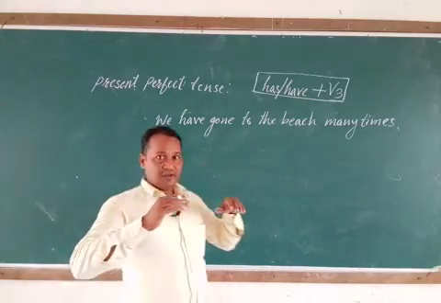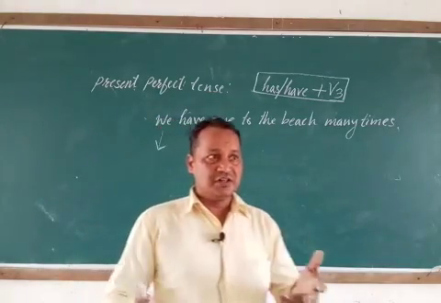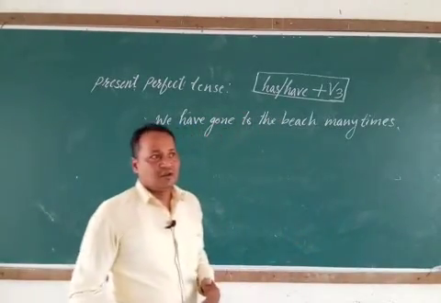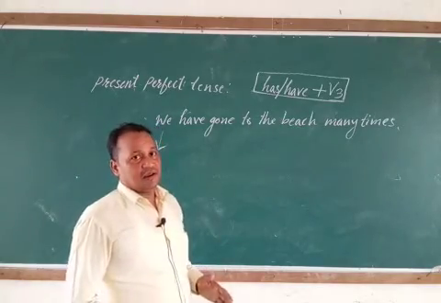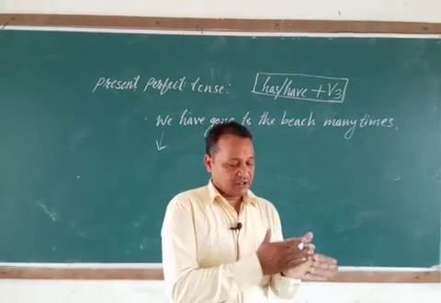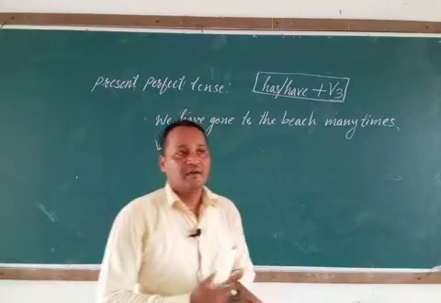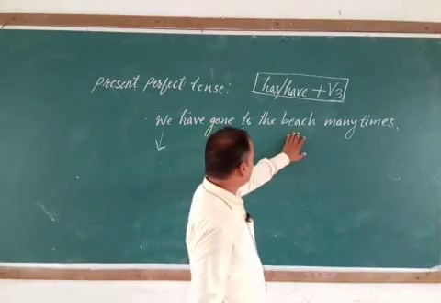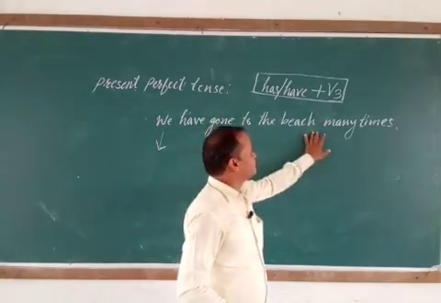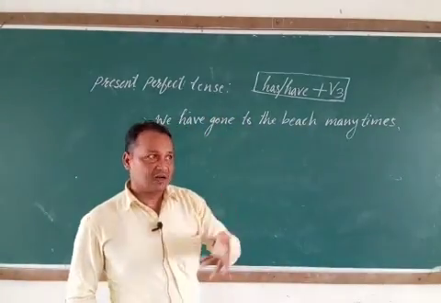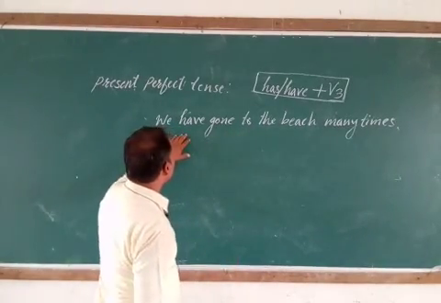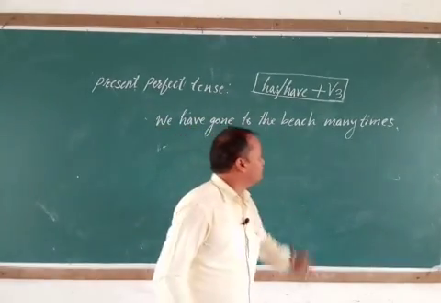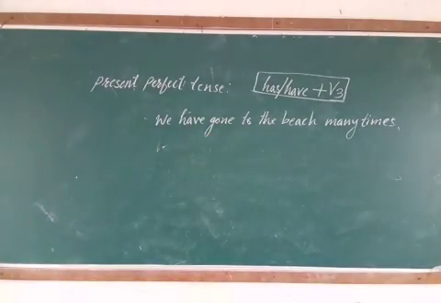So we did this work many times, we repeated the action of going to the beach. So if we repeat any action between the past and future, or you can say present, so that action, going to the beach, was done repeatedly, बार बार किया गया, so we will describe it in present perfect tense. So I have written here: we have gone to the beach many times.